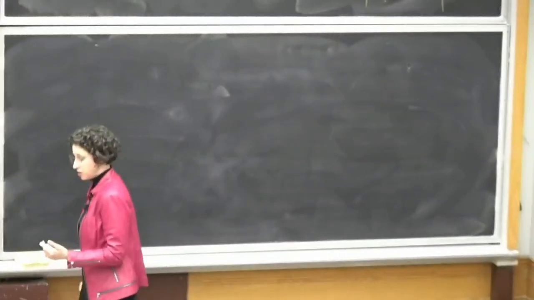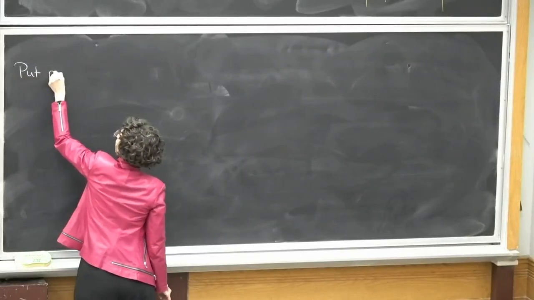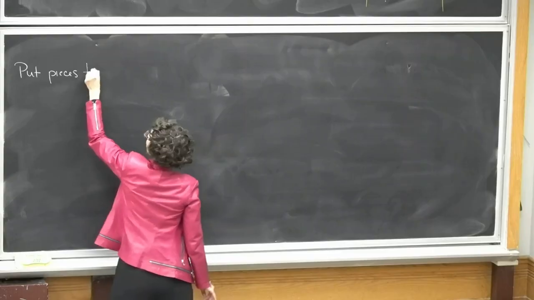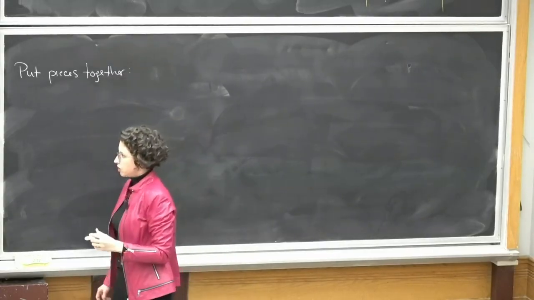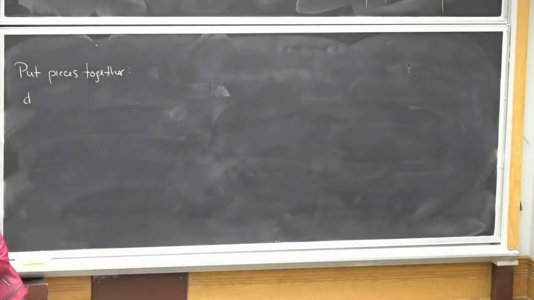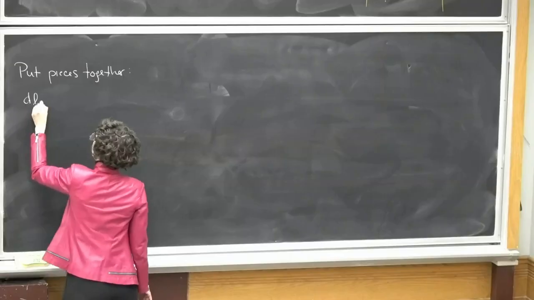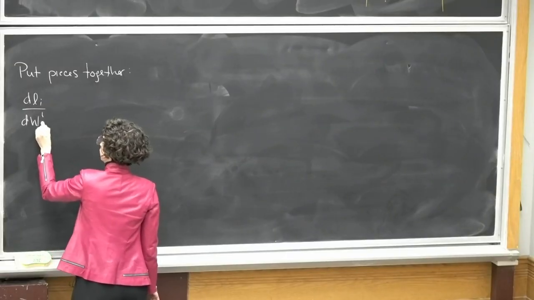Okay, so now we just need to put the pieces together. So in particular, we wanted to compute the derivative of L_i with respect to W^l_jk.